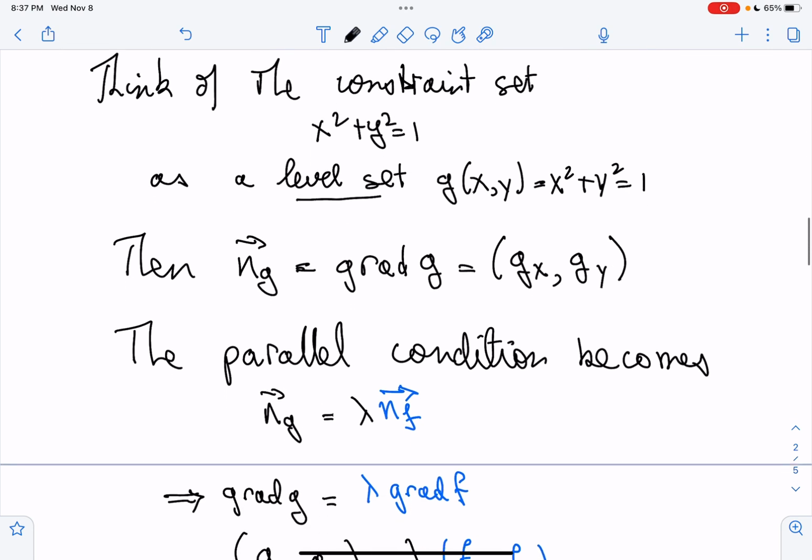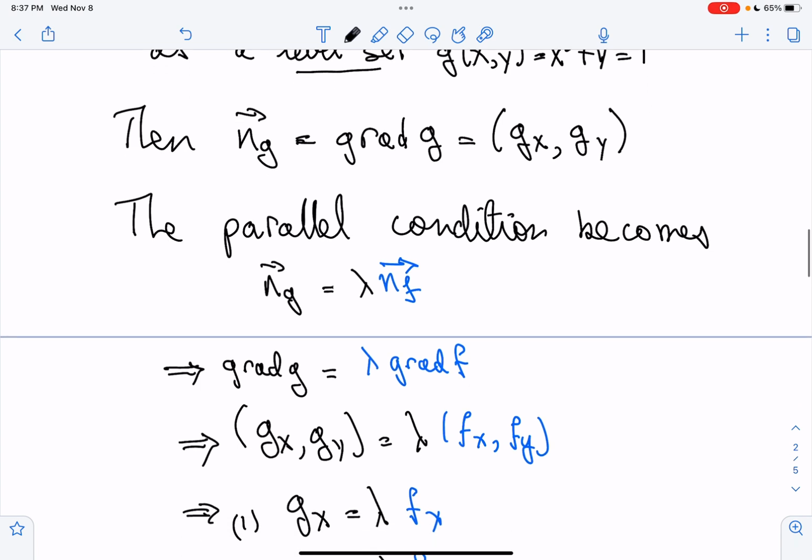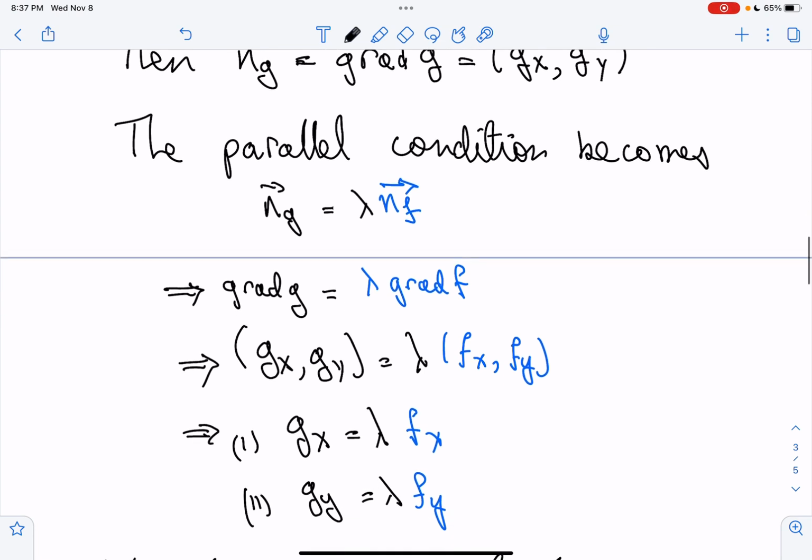And now our parallel condition translates into the normal condition that the normal to the G curve is a multiple lambda times the normal to the F curve. The normal to the G curve, we said, is gradient G, and the normal to the F curve is gradient F. So we have the equation gradient G is lambda times gradient F. We don't know what lambda is.